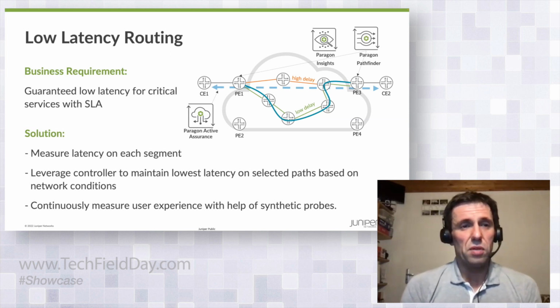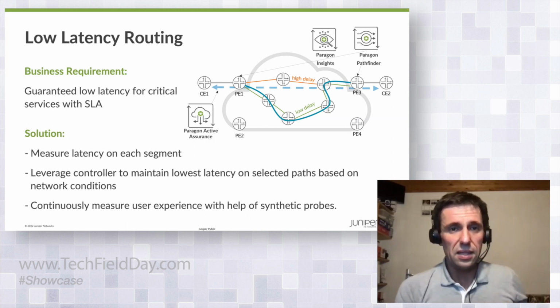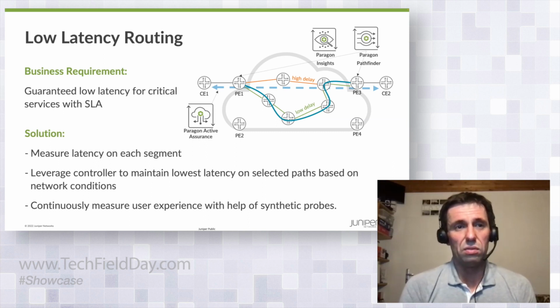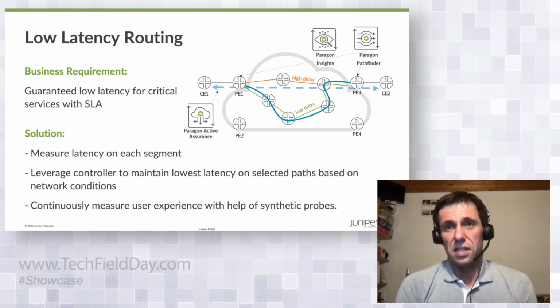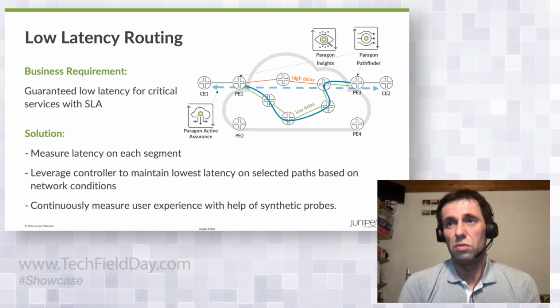But on top of this, we want to make sure that our customers are happy using the network, and how to measure this user experience. This is the big question, and we have an answer to this with simulating customer traffic over the service provider's network, so that we really see the experience that a normal user would have.